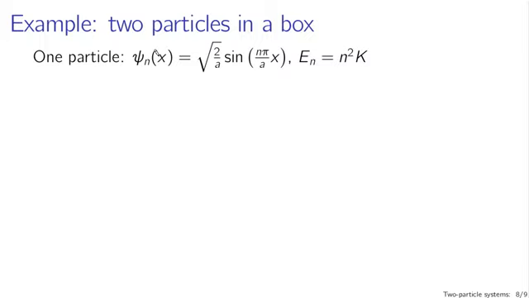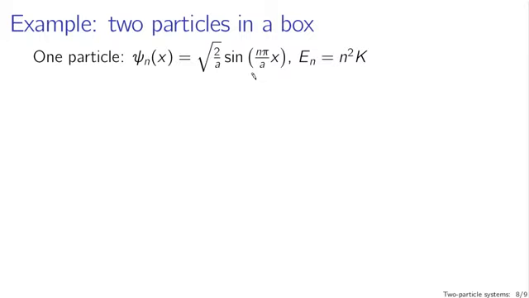Because if these particles are anything that we know of realistically, those particles will interact, and the interaction in the Hamiltonian will affect the potential. So we won't be working with a simple V of x equals 0 inside the box and infinity outside the box potential. We'll be working with something more complicated, and accounting for that interaction will mean that our stationary states are not simply the stationary states of single particles.